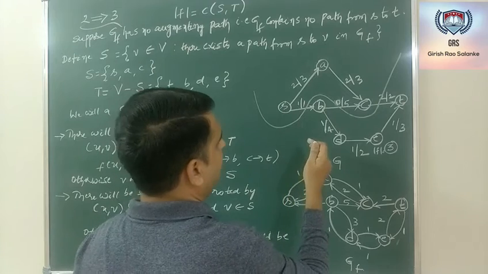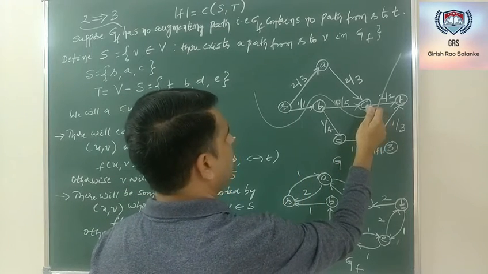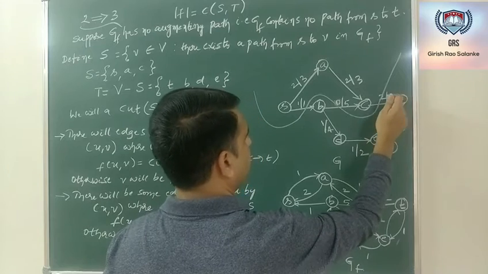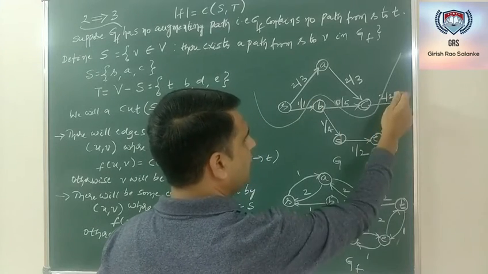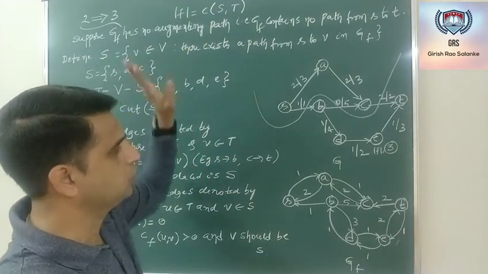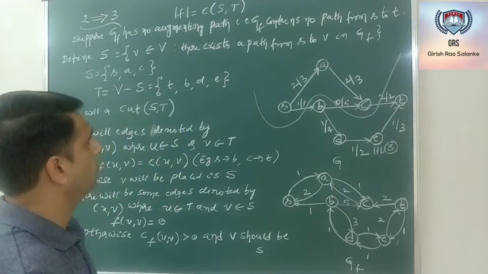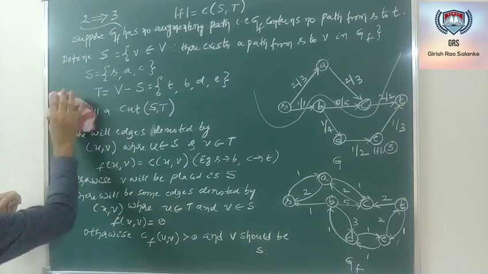Similarly, there is an edge running from C to T with a capacity of 2. So 1 plus 2 is 3, and I also got the max flow as 3. This was my objective, which I am supposed to prove. With respect to this example, it is fine. Now formally we need to prove that.